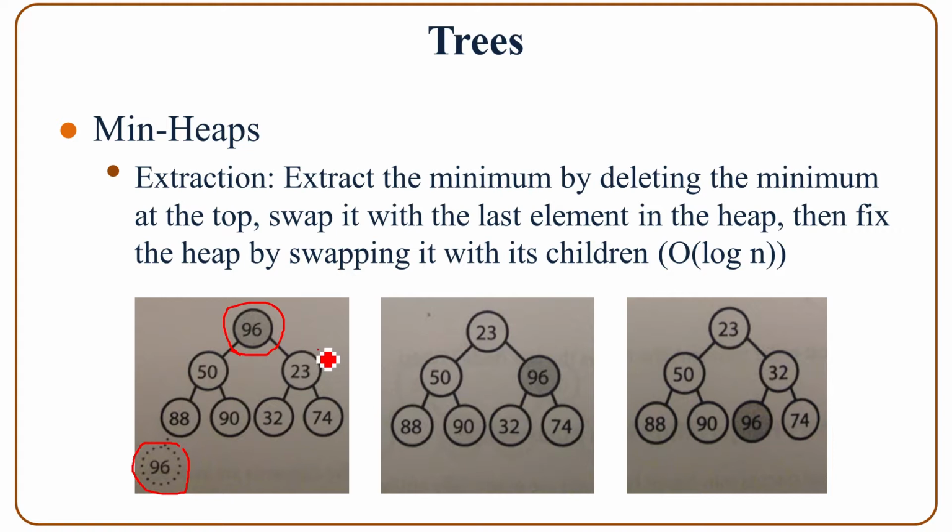96 is greater than 23. We need to fix it. So we swap 96 and 23. Node 96 is moved down. Now looking at this, we can see that 96 is greater than 74. And this violates the property of min heaps.